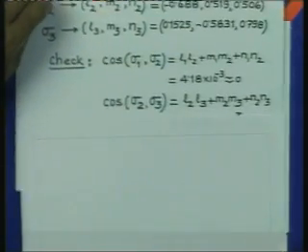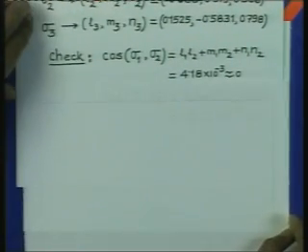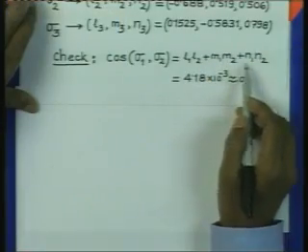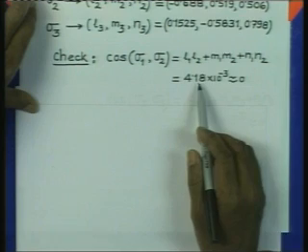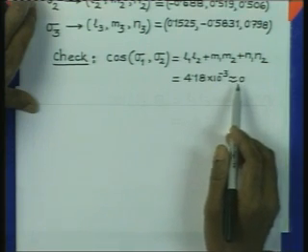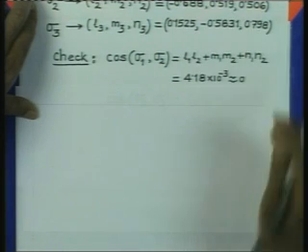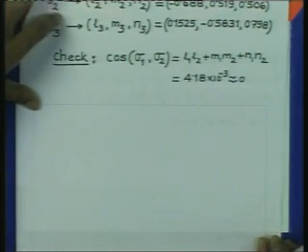So, if we substitute the values that we have obtained earlier, we find that L1 L2 plus M1 M2 plus N1 N2 is equal to 4.18 into 10 to the minus 3, which is close to 0, corresponding to the values that we have got for the individual direction cosines.